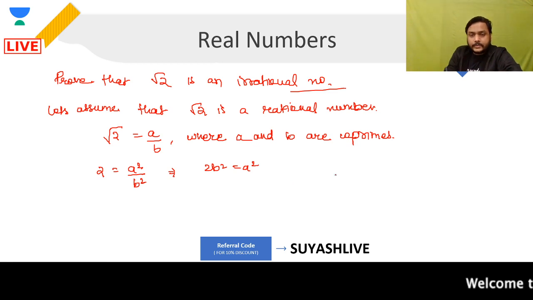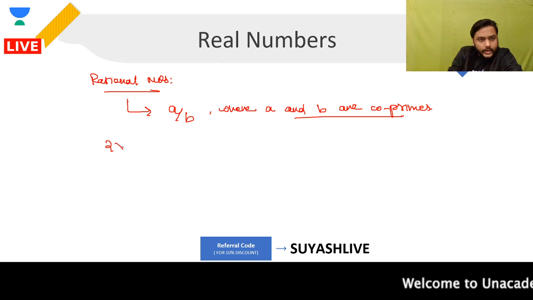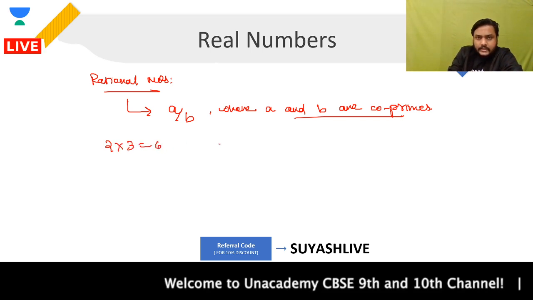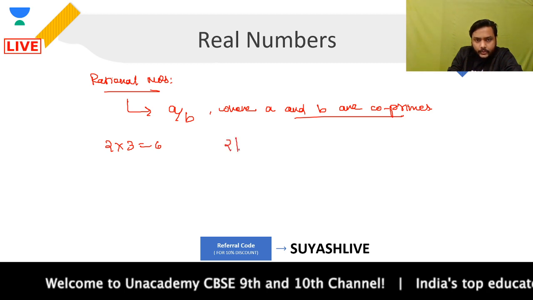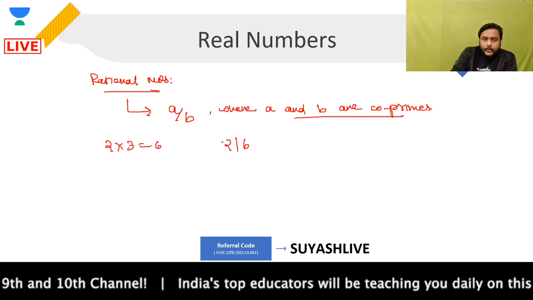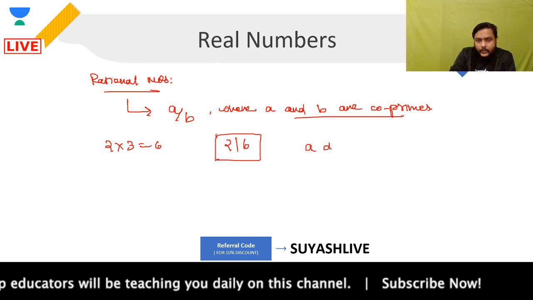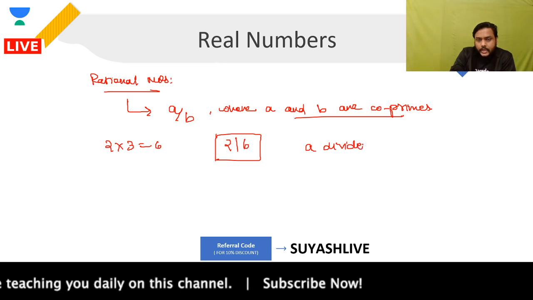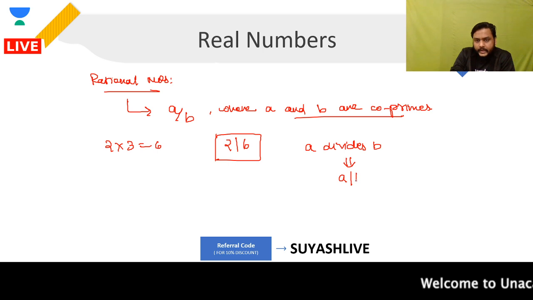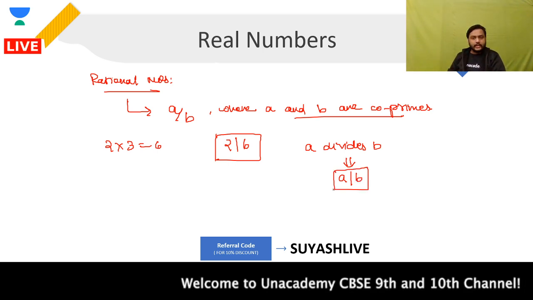Please focus, if I am talking about one more fact, if I am saying that 2 into 3 is equal to 6, इसका मतलब क्या है? क्या इसका मतलब ये नहीं है that 2 divides 6? Yes or no? Can I say this? If you remember, आपने पढ़ा होगा इस तरीके का representation, when a divides b, then this could be written down as a divides b. Okay? You must have gone through this representation in class 10th real numbers.